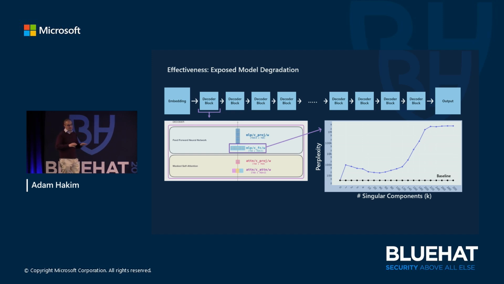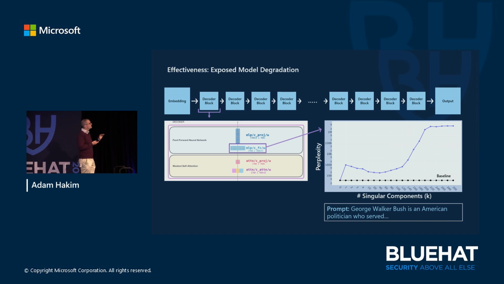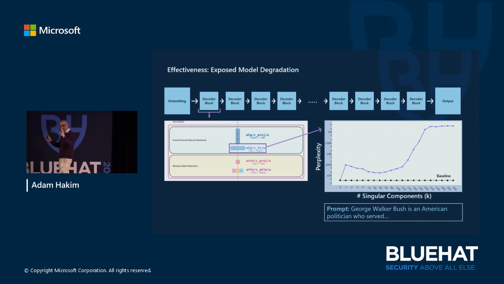The baseline performance of GPT-2 is a perplexity of around 40. But when we remove one singular vector from one layer in just one block, you can see the performance drops already from 40 to 1,000. So removing one vector out of the entire model, and the model is degraded completely.